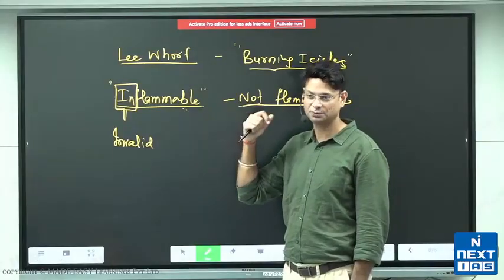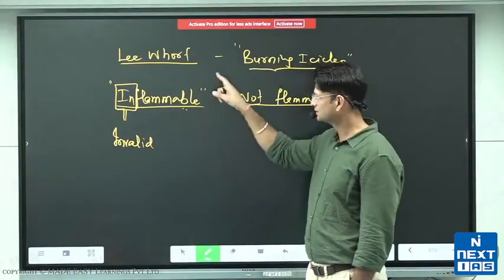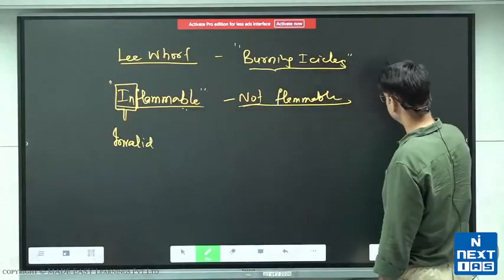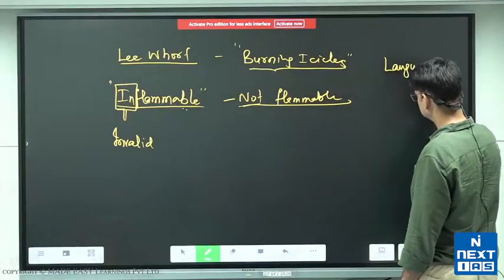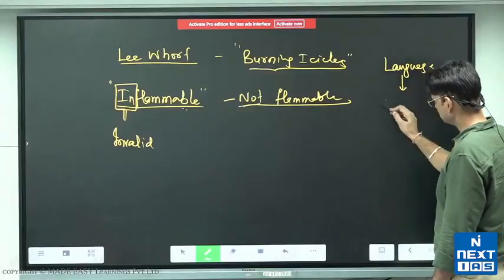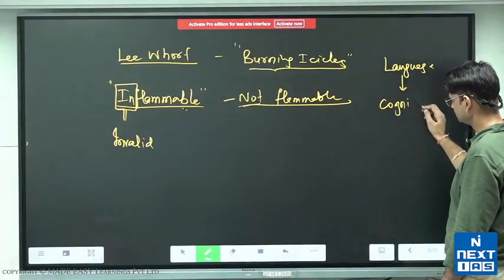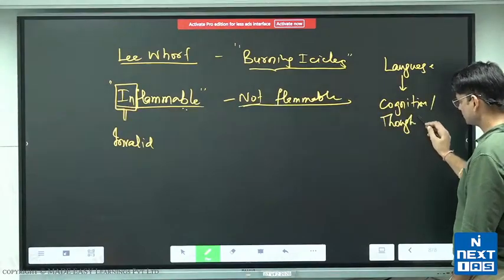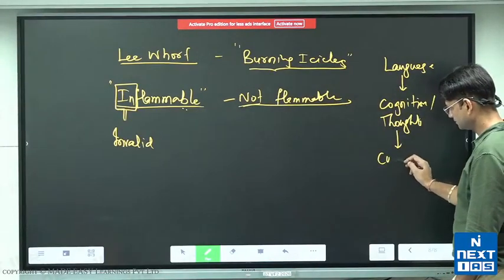This is a theory in anthropology, the Sapir-Whorf hypothesis. What it says: language shapes cognition. Cognition means thought. And that shapes cultural behavior.